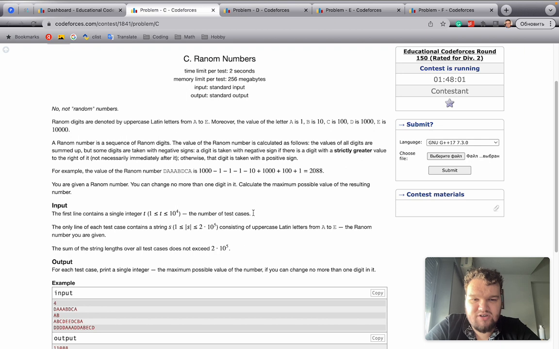With that fixed, we want to just maximize the value. And we need to be careful because the answer can be negative, I think. Well, yeah, sounds like the answer can be negative.